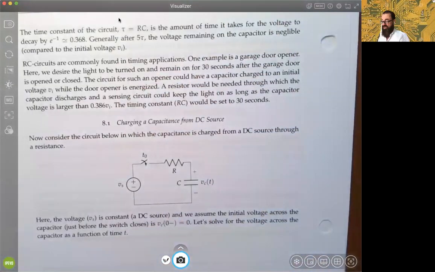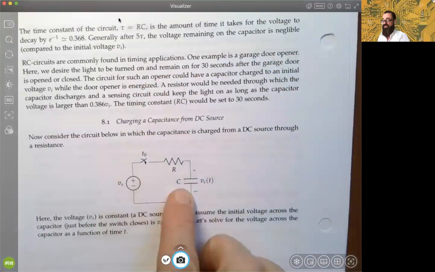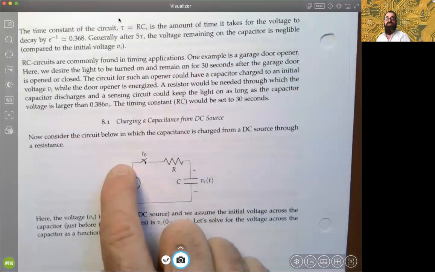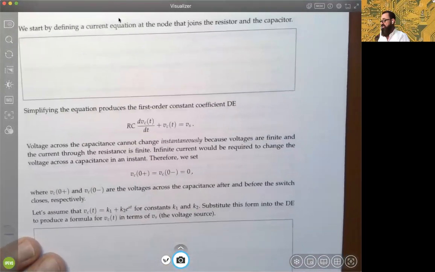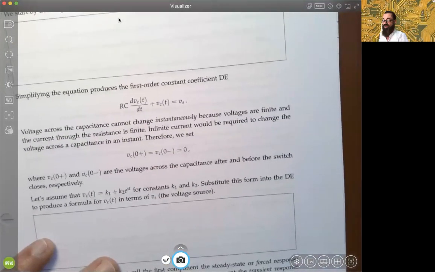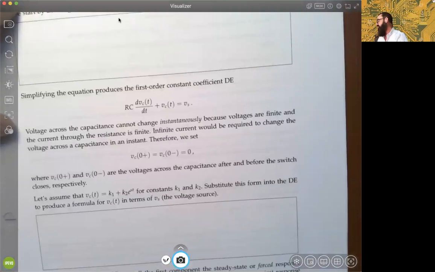first, we're going to do this on the next page in the top box on 97. So this is our design, a very simple design: DC source, close the switch, resistance, capacitance. So we start by defining the current equation that we would have.